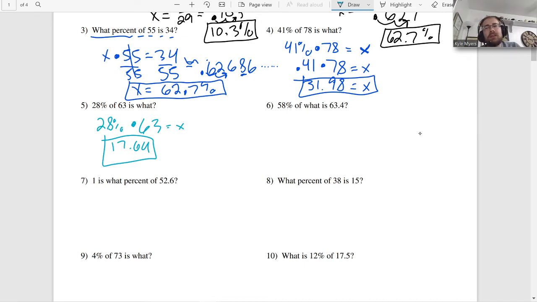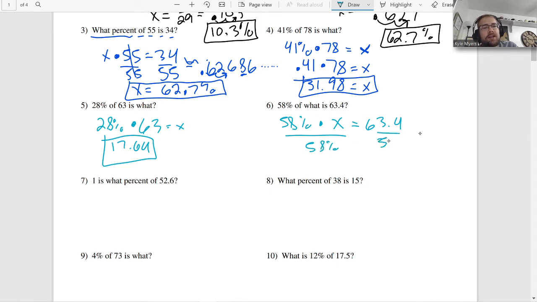58%. Okay, so this is going to be, oh, you know what? Actually, this is a little bit reversed, so we'll slow down a bit on this one. So 58% of what is 63.4? So we do actually have to solve this one. That's 58%, which is 0.58.